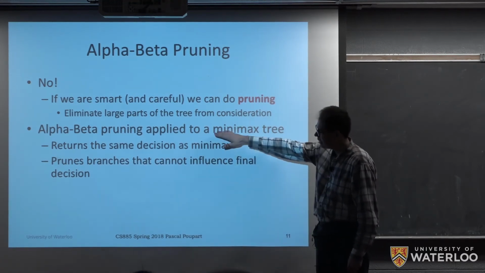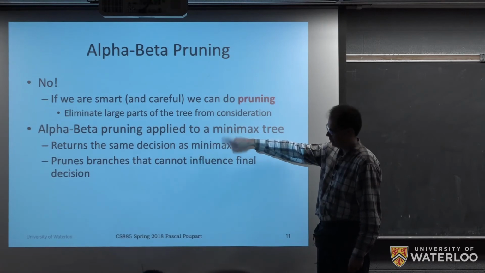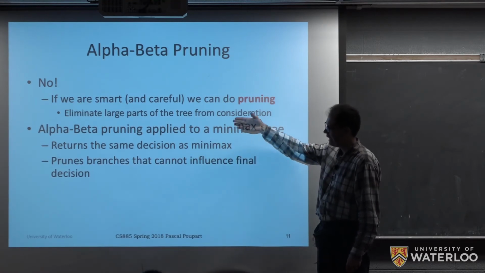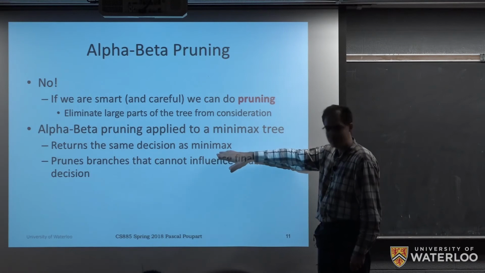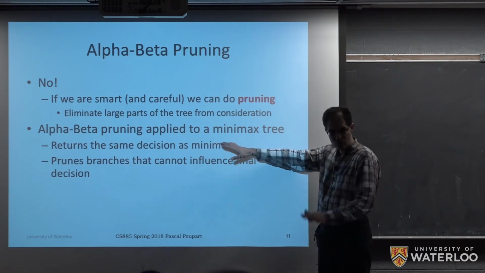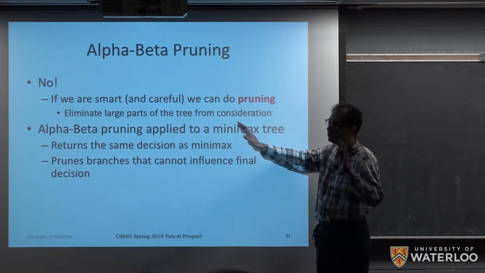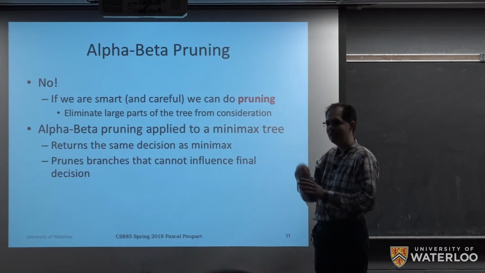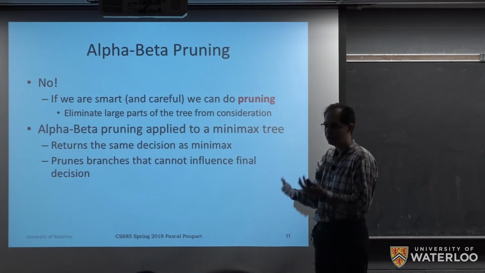Okay, so this technique of alpha-beta pruning, I'm going to explain it in a moment, but it is guaranteed to return the same decision as Minimax. So there's no loss in doing the pruning here. We're only going to prune the parts of the tree that we can prove are suboptimal.